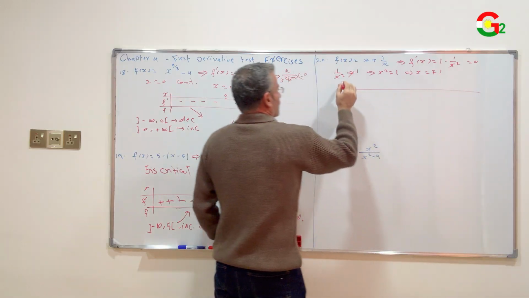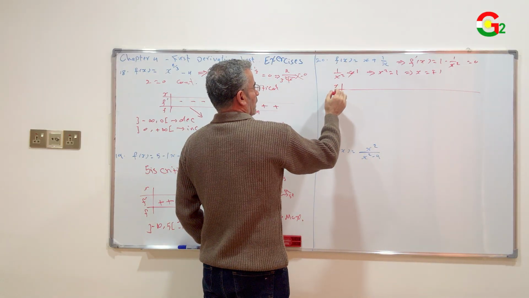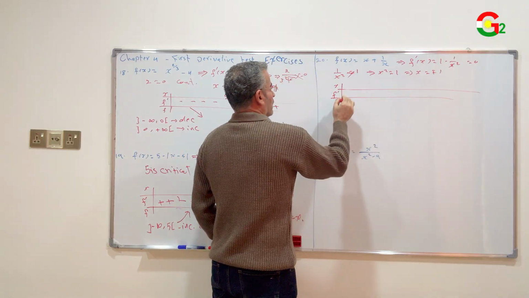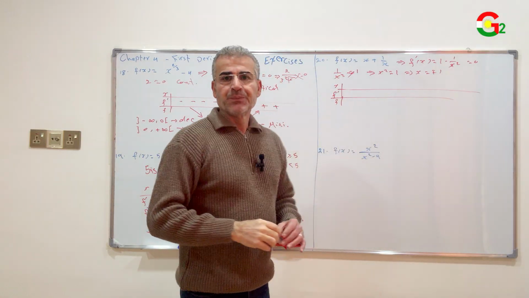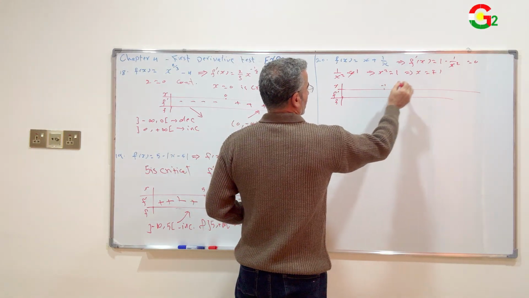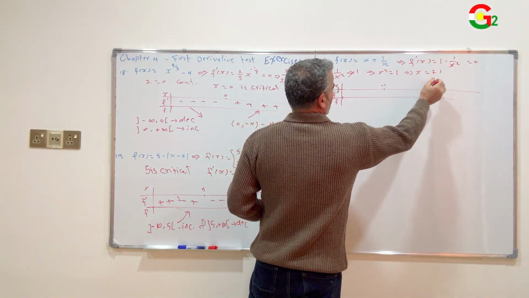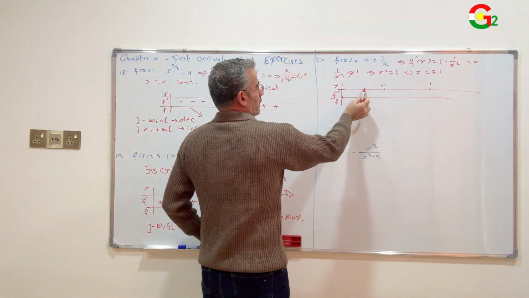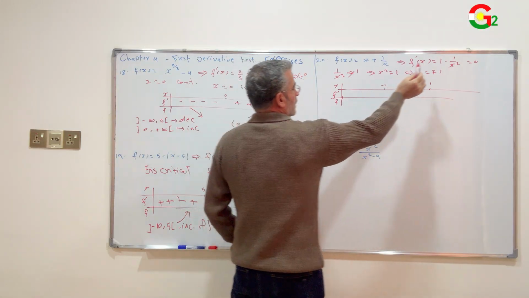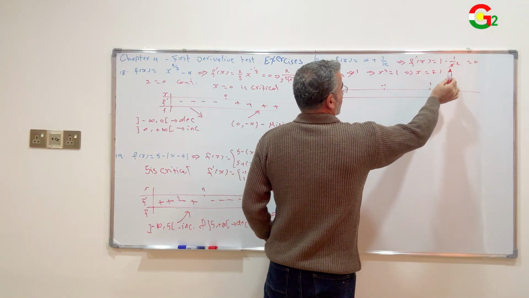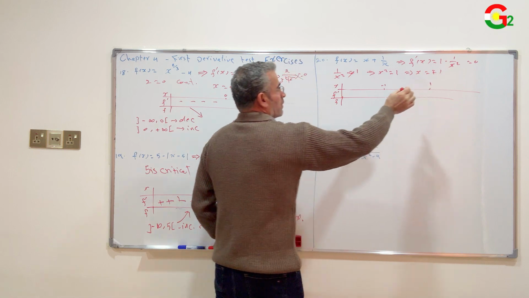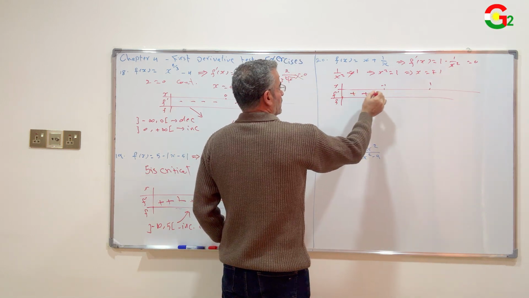Find the interval of increasing and decreasing by finding the sign of the derivative before and after the critical point. When x equals negative 2, then negative 2 to the power 2 is 4, and 1 minus 1 over 4 is a positive value.